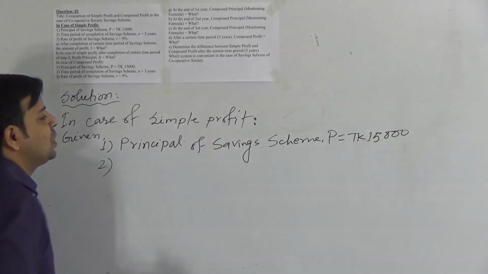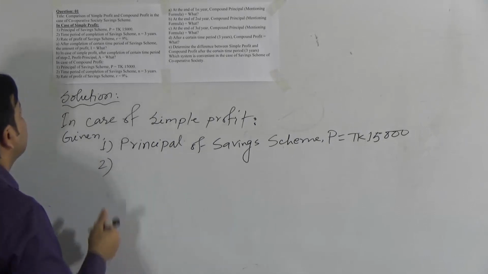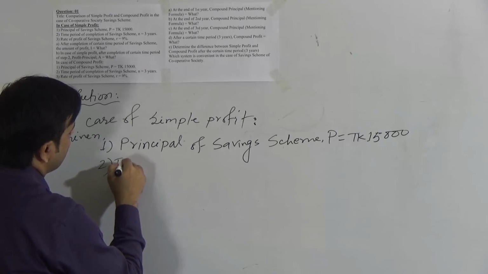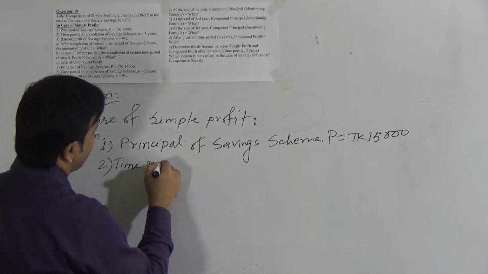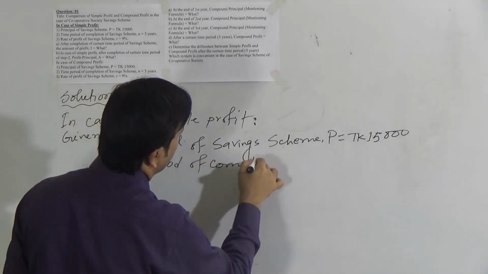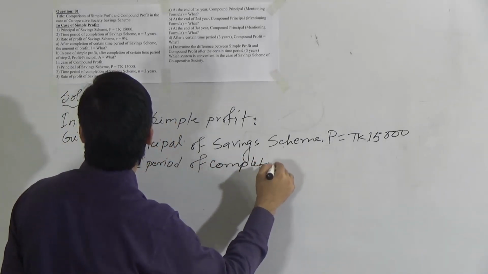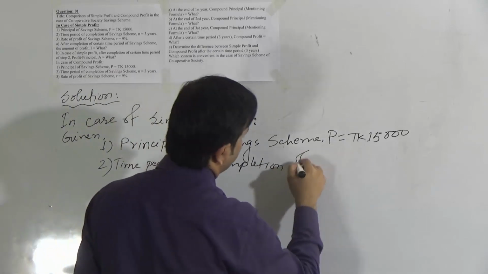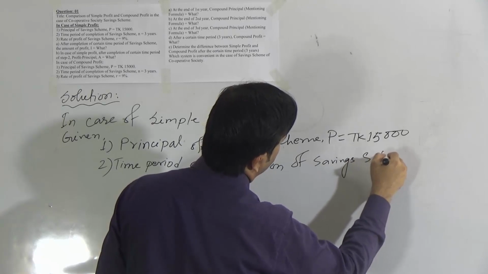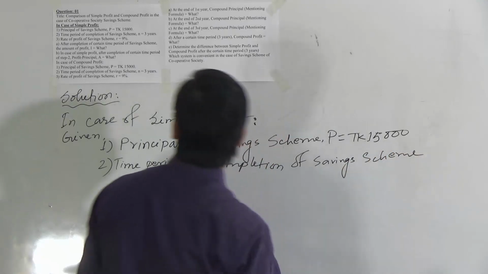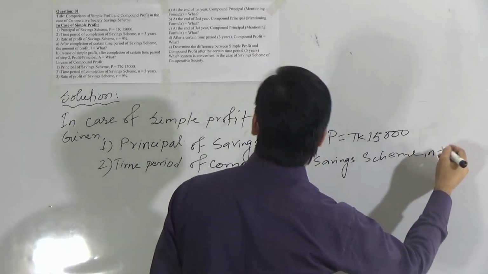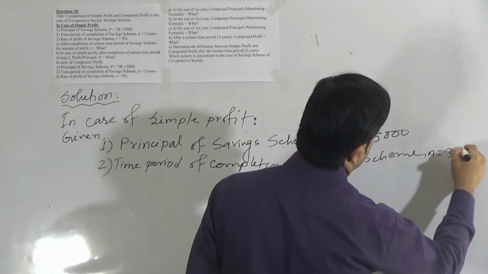Information 2 is given here. Second information is time period of completion of savings scheme. Time period of completion of savings scheme N equal to 3 years.